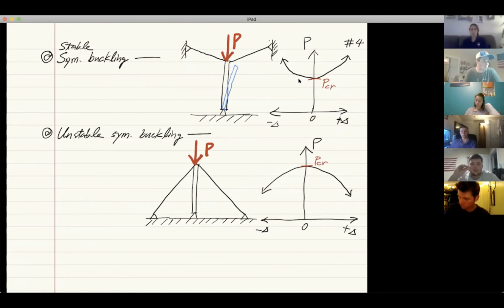And because the top of the column is connected by cables, and cable takes tension, that means these two cables would actually provide additional loading capacity against the vertical force P. And that will make the structure more stable. And that's why after the buckling, you still need to provide additional load in order to induce additional deflection.